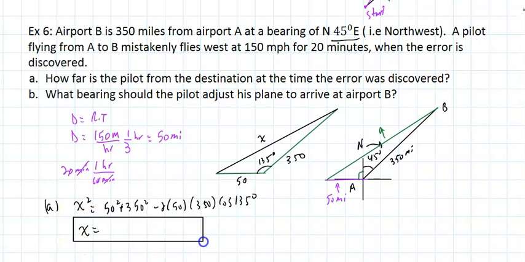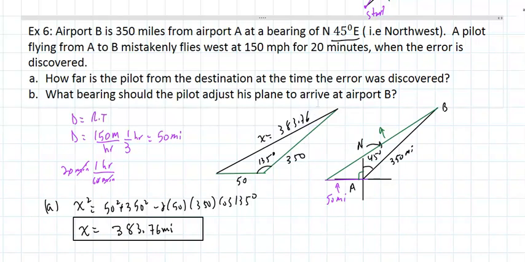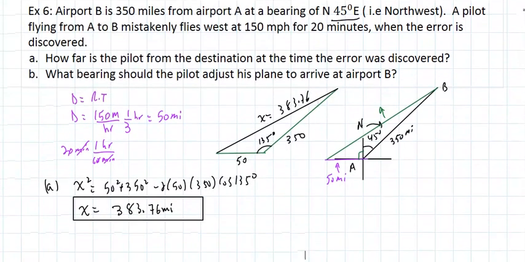And I'm going to plug that in my calculator, and I'm getting this to be 383.76 miles. That's this distance. Of course, you could use 0.8 instead of 0.76, not a problem.